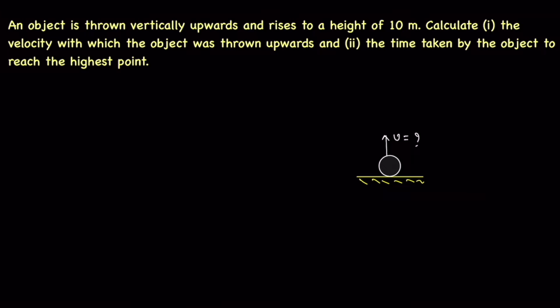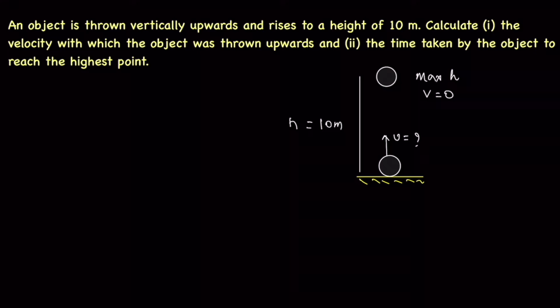This ball will reach a certain height and the height is given as 10 meter. When the body reaches the maximum height, in this case v is equal to 0. So final velocity is 0 because the body reached the maximum height.